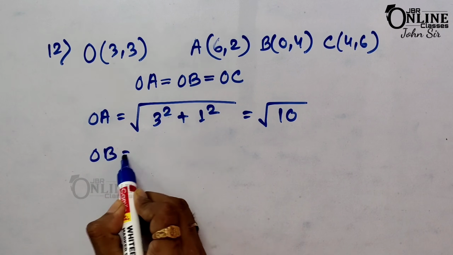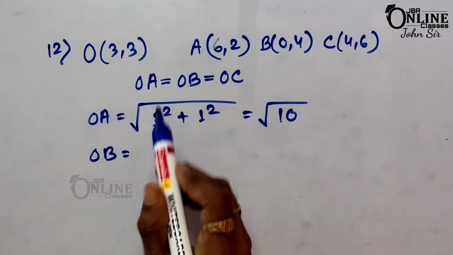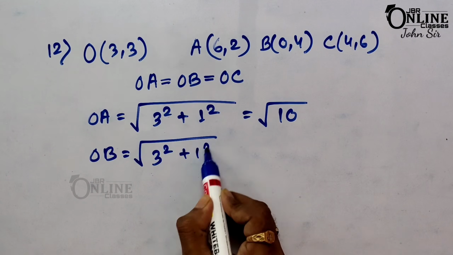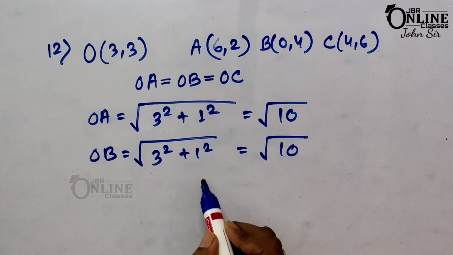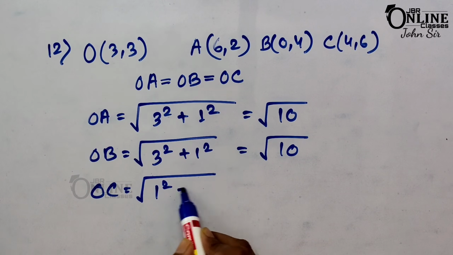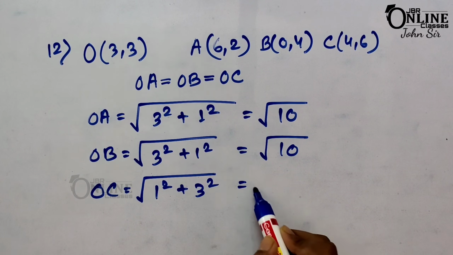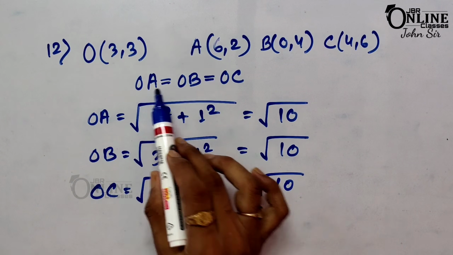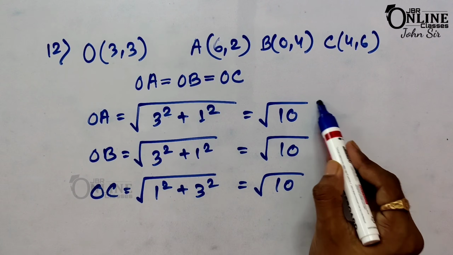Next OB. So OB equals 0 minus 3, again 3 square, and then 4 minus 3, that equals 1 square, that also equals root 10. Last one, 4 minus 3 equals 1 square, and 6 minus 3 equals 3 square. So it's also root 10. That means clearly OA equals OB equals OC.